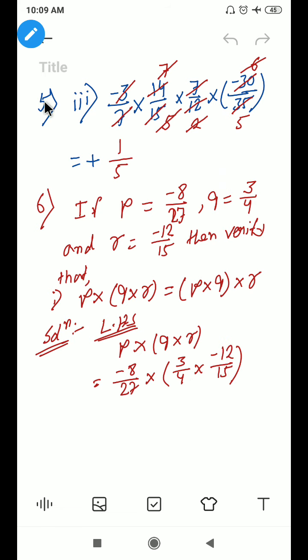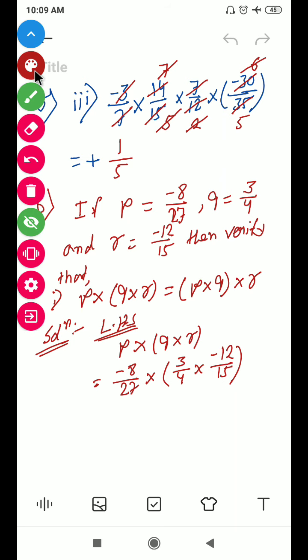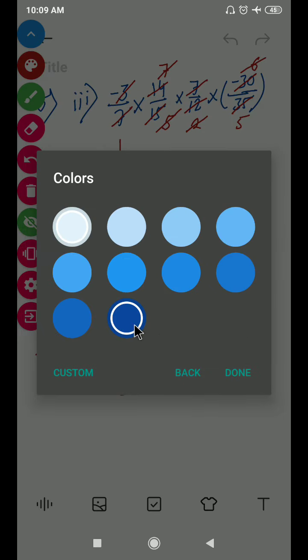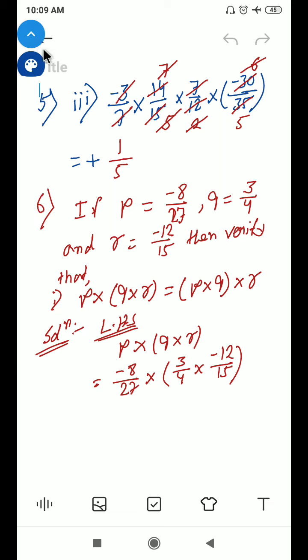So you can cancel out these numbers. Four 3s are 12, and 3 fives are 15, and this 3 and this 27 will be cancelled out, so this will be 9.